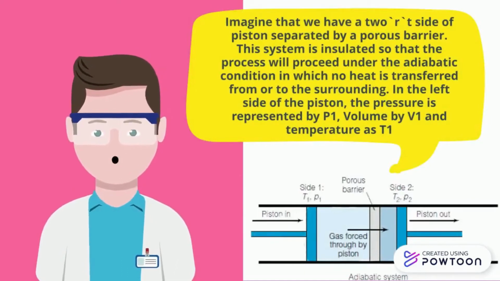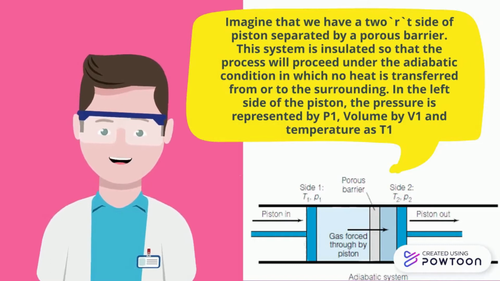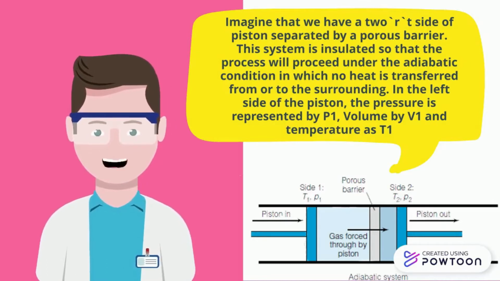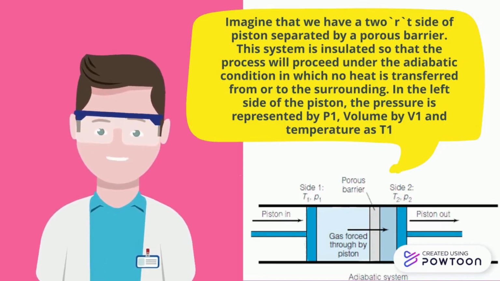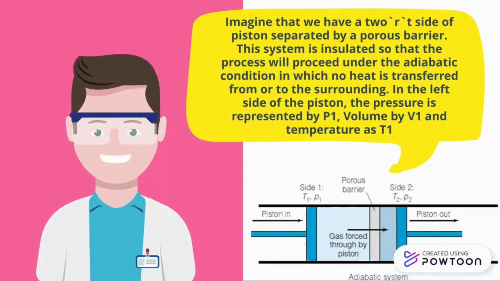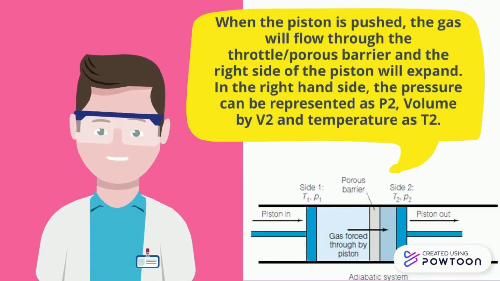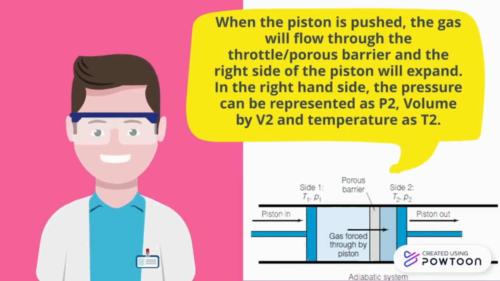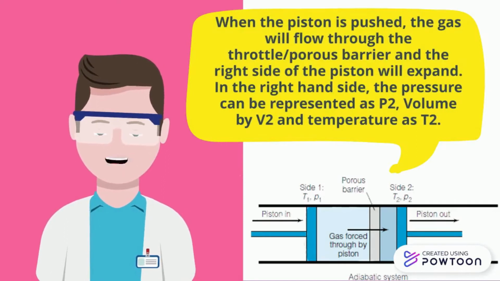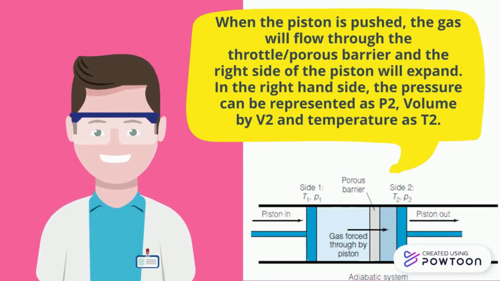This system is insulated so that the process proceeds under adiabatic conditions, in which no heat is transferred from or to the surroundings. On the left side of the piston, the pressure is P1, volume V1 and temperature T1. When the piston is pushed, the gas will flow through the porous barrier and the right side of the piston will expand. On the right-hand side, the pressure is P2, volume V2 and temperature T2.